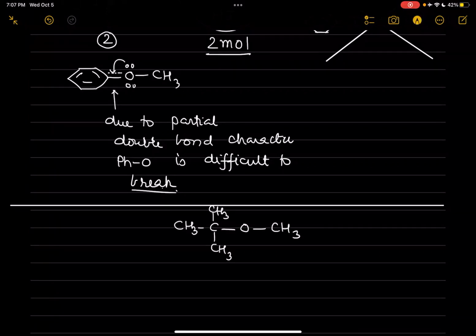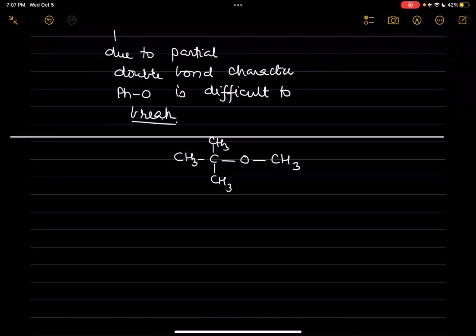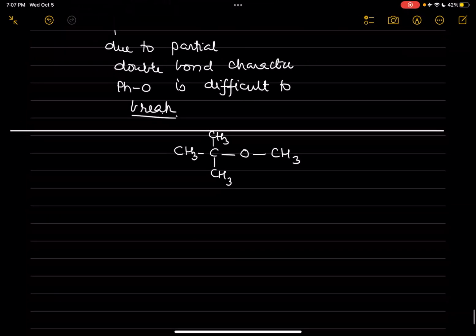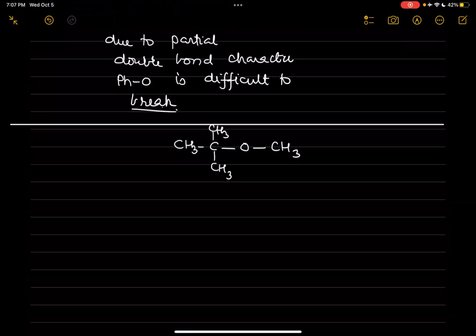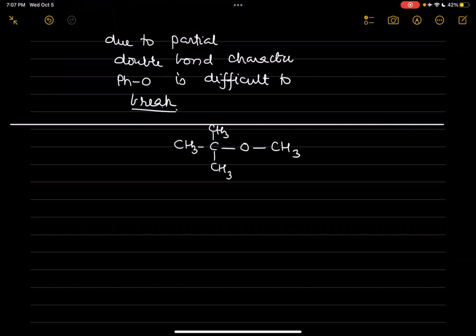This is which ether? What is the IUPAC name of this ether? Select the parent chain. Parent chain is propyl.